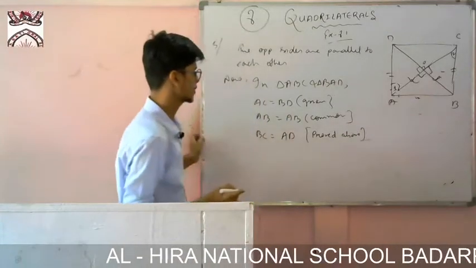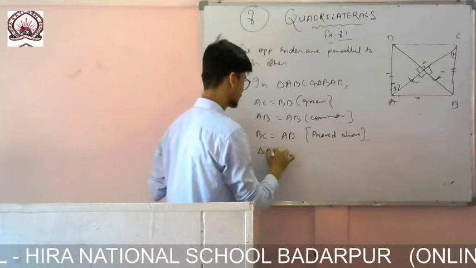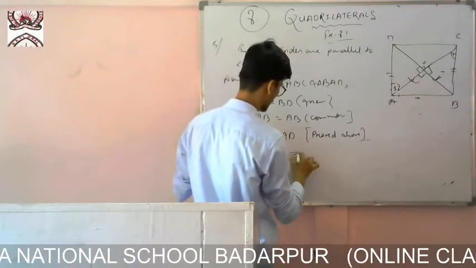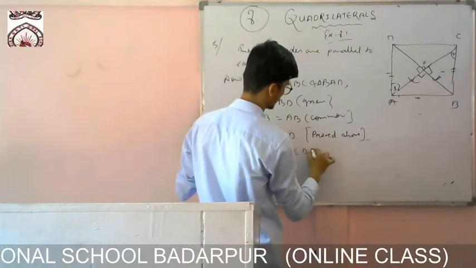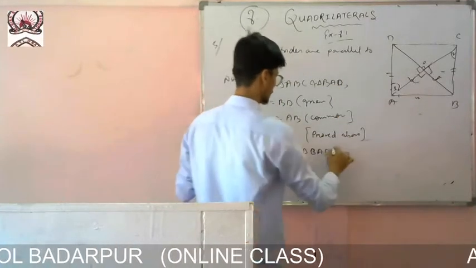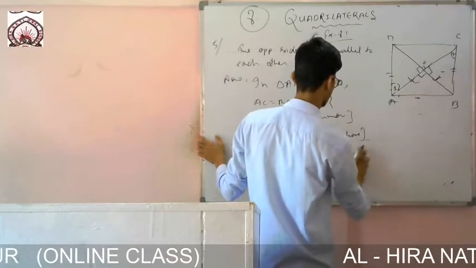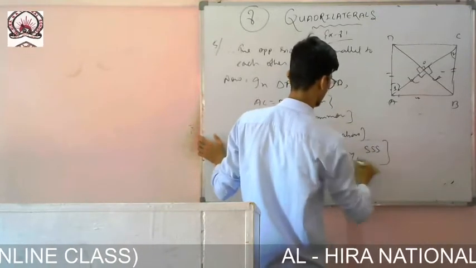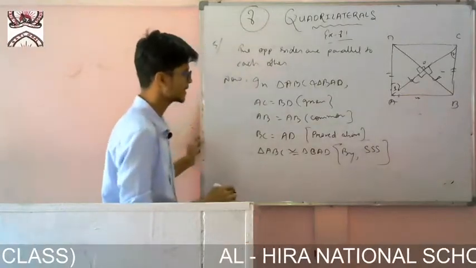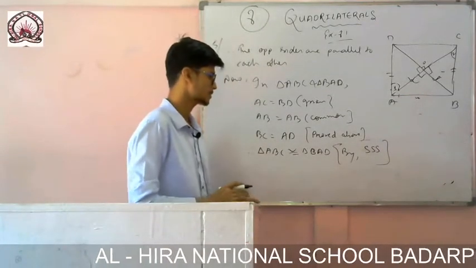So BC equals AD. So now I can say that these two triangles, ABC and BAD, are congruent by side side side, since these three sides are equal.